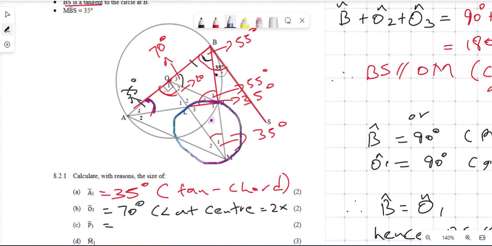So if OP is a tangent to the circle that passes through PLM, this is OP. Where is OP? Let's try to remove almost everything here. It's fine. We will bring you back. M1, we need you.